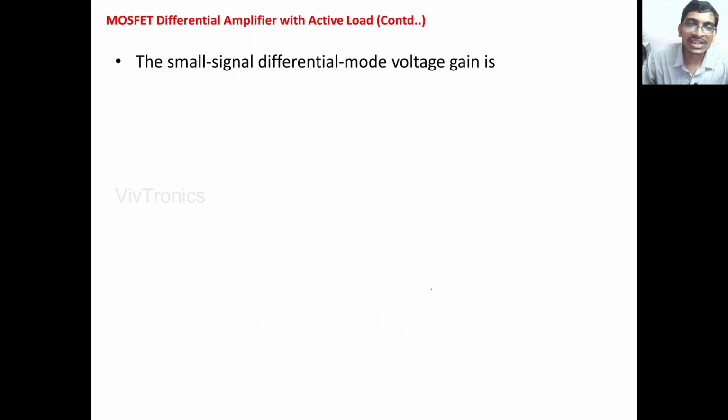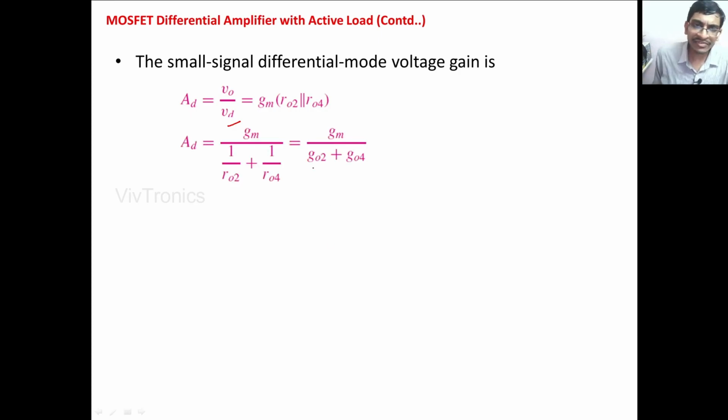Therefore, the small signal differential mode voltage gain can be given as Ad is equal to v0 divided by vd, that is equal to gm into r02 parallel r04. And here we can write this r02 parallel r04 as 1 by (1/r02 plus 1/r04). As we know, r1 parallel r2 can be written as 1 by (1/r1 plus 1/r2) like that.